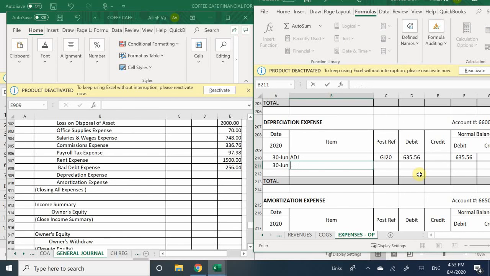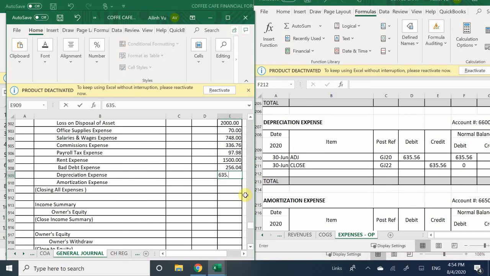So here, close. And it's for 335,635.56. All right, there you go. 0.